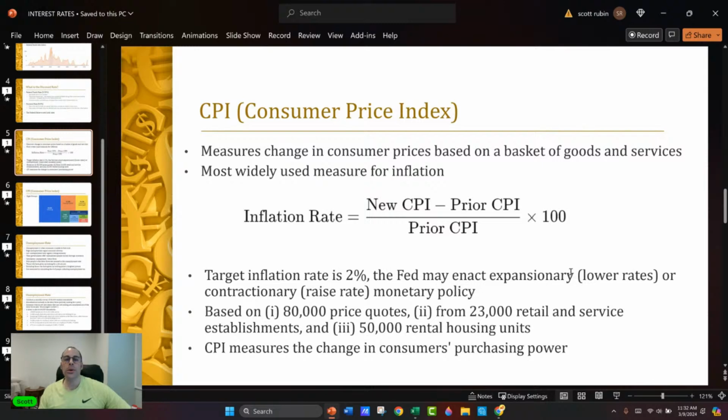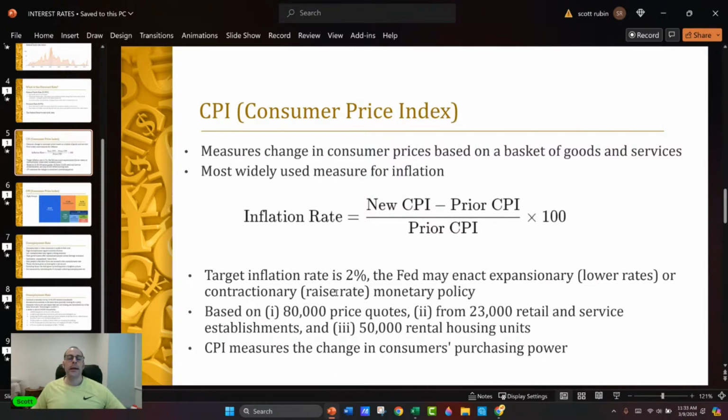They do other things too. They buy debt, and when the government buys debt, that's adding to banks' balance sheets. Or when they sell debt, that's taking money off of banks' balance sheets, taking money out of the economy. And the way they calculate the CPI, it's based on 80,000 price quotes.